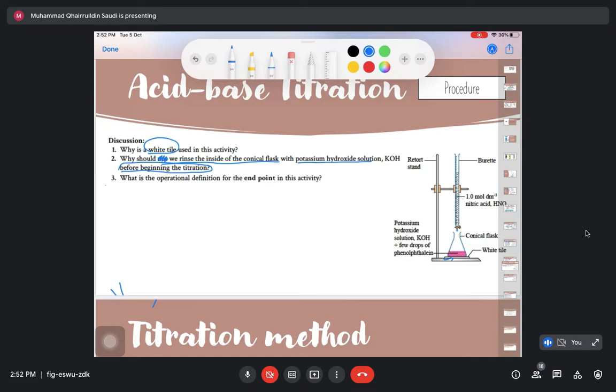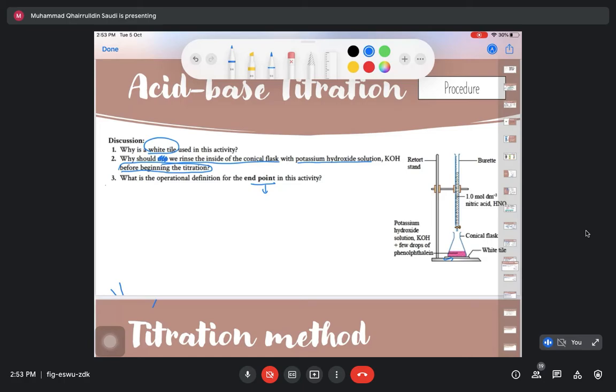What is the operational definition of the endpoint? Okay, apa maksud endpoint tadi? Indicator. Endpoint bukan indicator. Endpoint adalah point di mana perubahan warna. Perubahan. Acid has completely changed. Yes, acid bukan change.